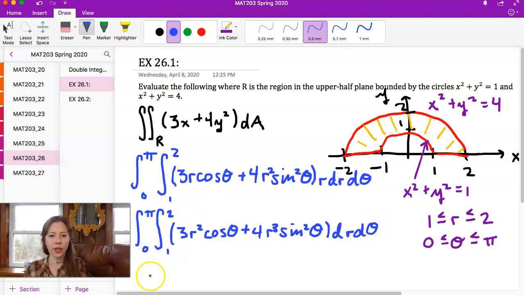Okay, so starting with the inner integral, keep the 0 to pi on the outside, and we have to integrate in terms of r. So 3r squared cosine theta becomes 3r cubed over 3 cosine theta, which is just r cubed cosine theta.